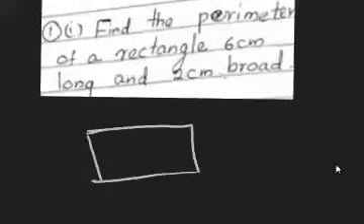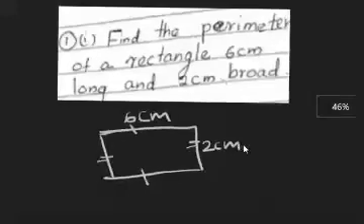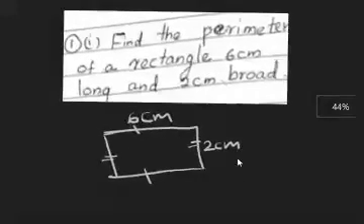Here the length is 6 cm, so I marked it. This side, breadth, is 2 cm. And we know opposite sides are equal in length in a rectangle. Now we can find the perimeter.